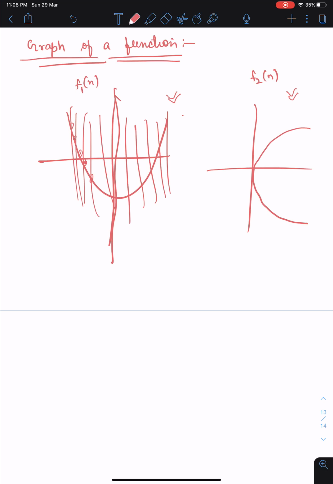Here you can see there is only one intersection point. But in this graph, when you draw the vertical line, two intersection points are coming. If any vertical line gives you two intersection points with the graph, then you are supposed to say that this is not a function.